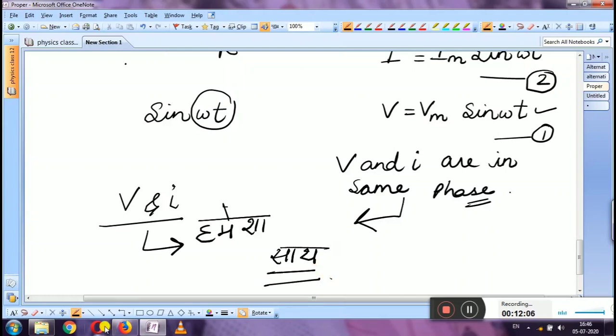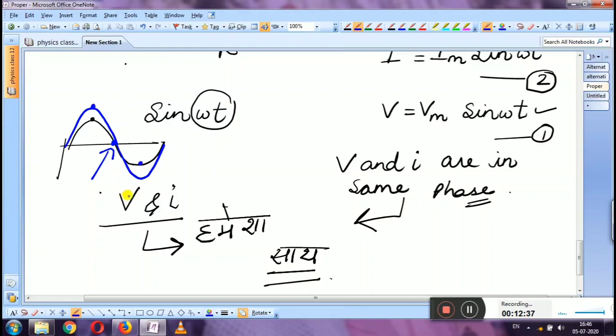If V becomes maximum at one place, then at the same time, not at the same place, at the same time, current also becomes maximum. If at a point voltage becomes minimum, or you can say zero, then at the same time current also becomes zero.